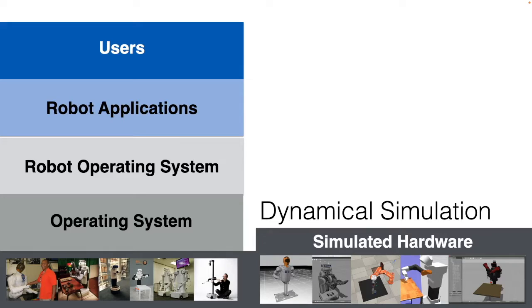This is where simulation fits into our robot operating system framework. On top of this simulator, we can then build the applications and the core modules of our robot operating system that we're interested in studying for this particular course.